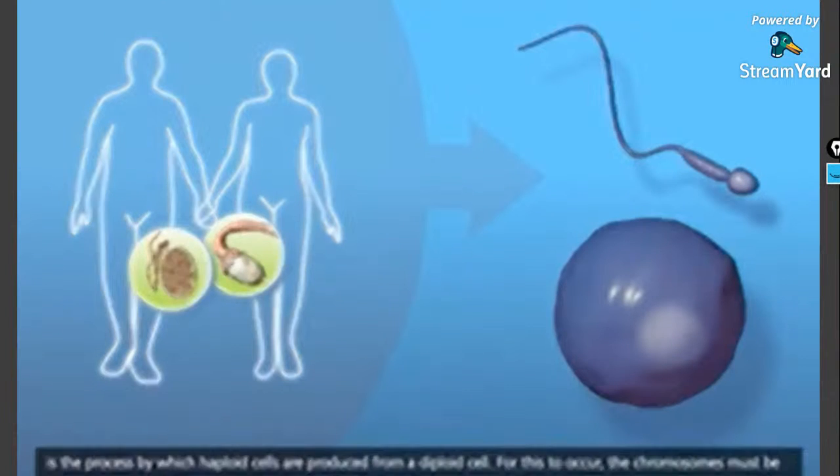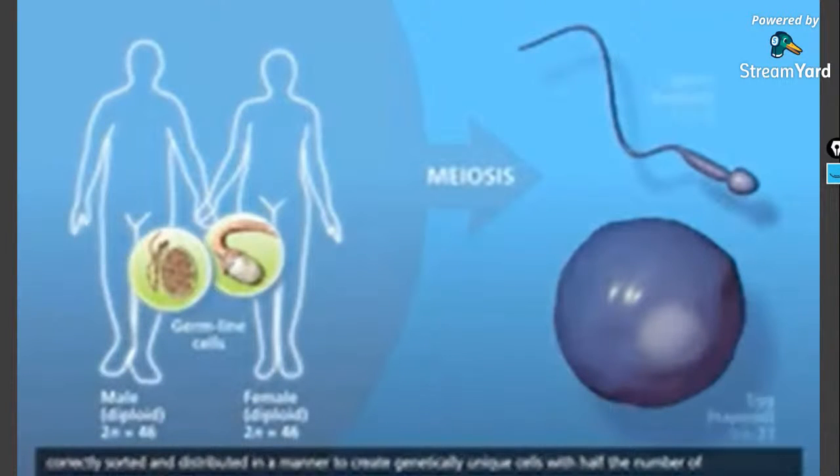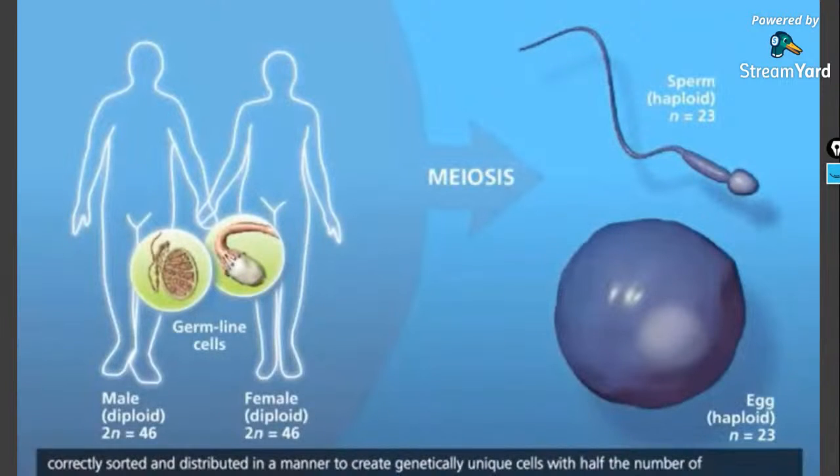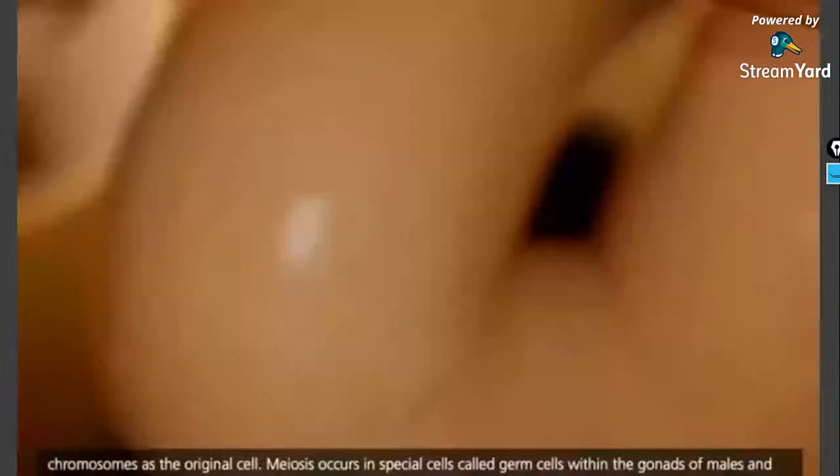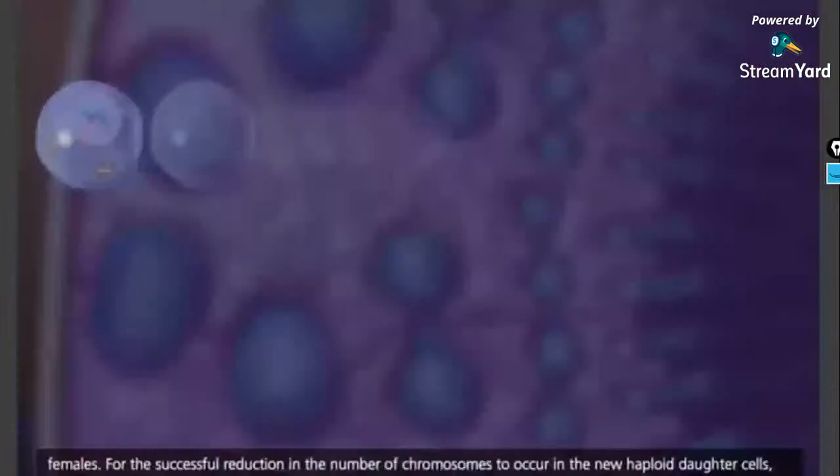For this to occur, the chromosomes must be correctly sorted and distributed in a manner to create genetically unique cells with half the number of chromosomes as the original cell.